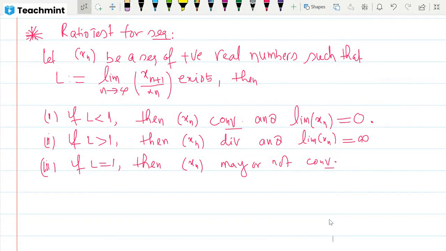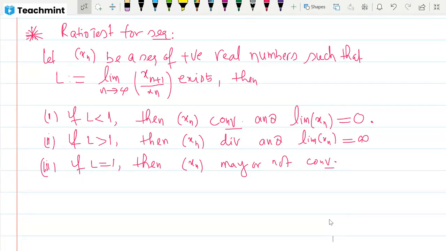Let xn be a sequence of positive real numbers, and if the limit of xn plus 1 by xn exists, and if it is L, then we have the following conclusions. One: if L is less than 1, then the sequence converges, and not only converges, the limit of the sequence is 0.